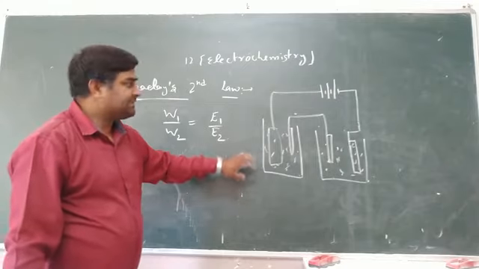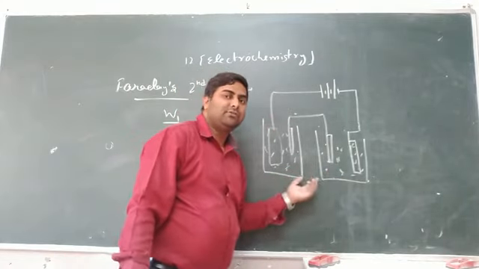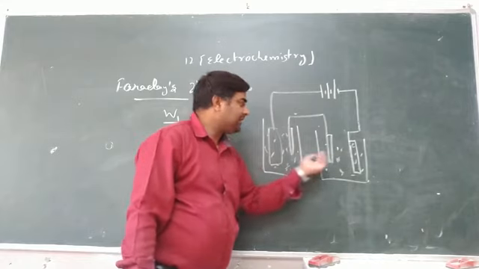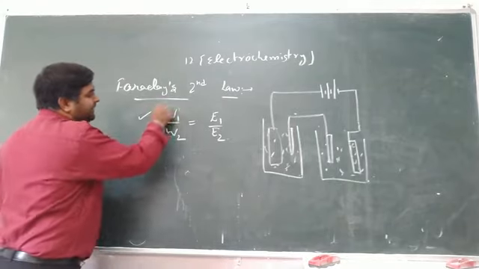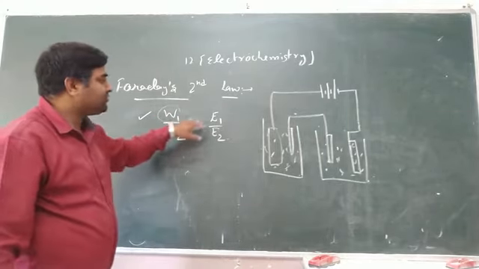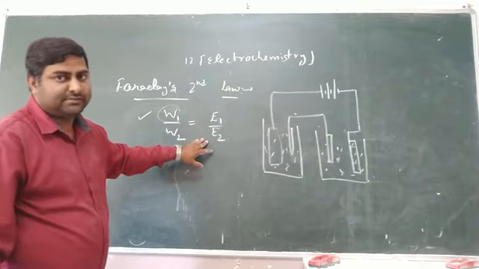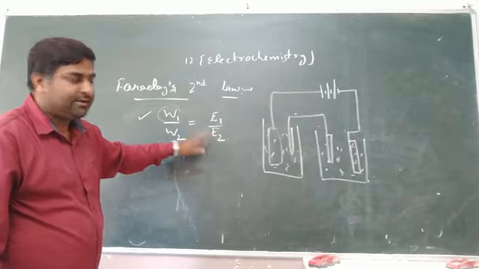It simply states when the same amount of charge or current passes through different electrolytes connected in series, then the amount of the substance liberated or deposited at their respective electrodes is directly proportional to their equivalent masses. E1 and E2 are the equivalent masses. How?